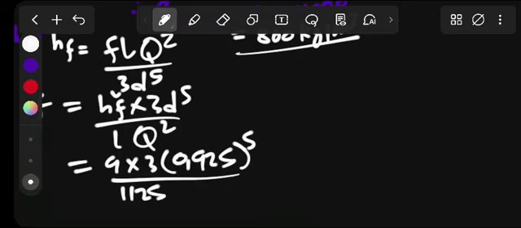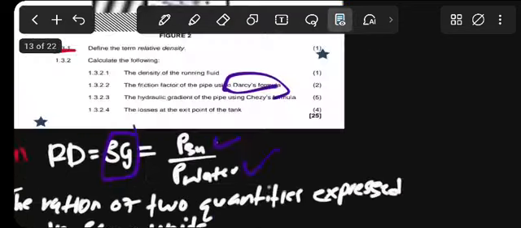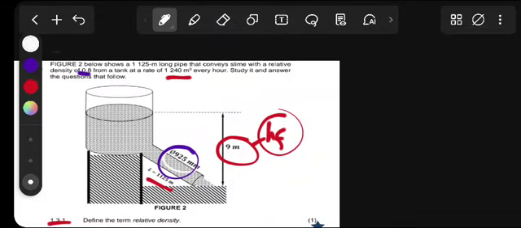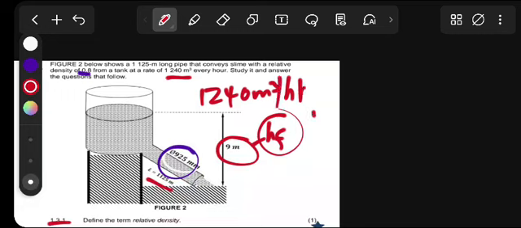1125 multiplied by Q. Be careful there, the rate is given to be 1240 per hour, but it is supposed to be cubic meters per second.